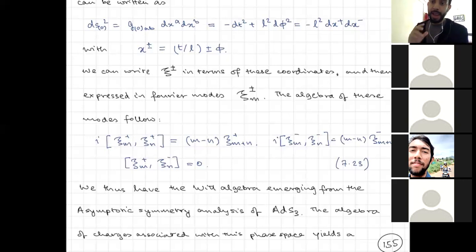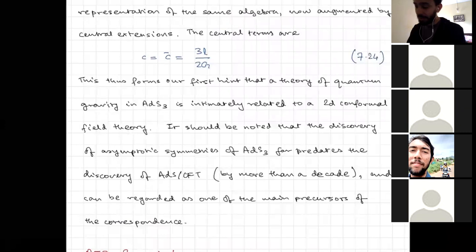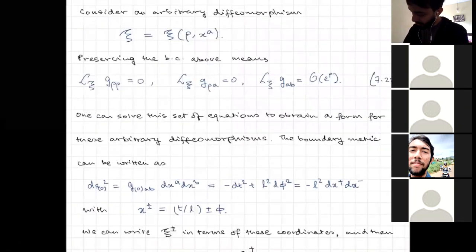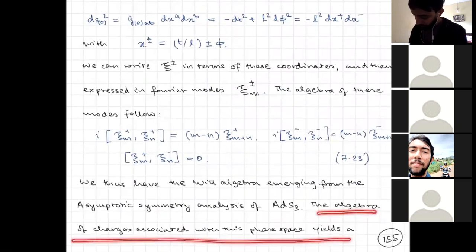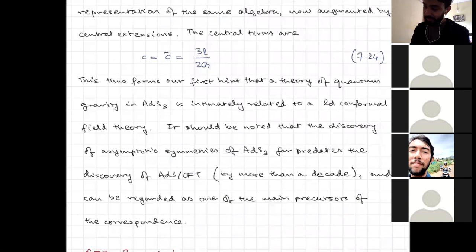And the charges will also close to form the same algebra, except for a crucial fact. I mean, this is what I actually write down next: the algebra of the charges associated with the phase space will yield a representation of the same algebra.